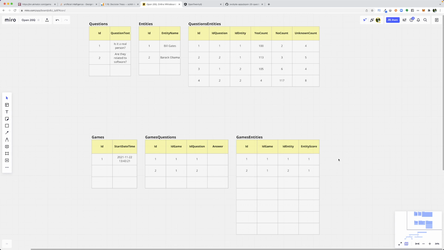Next, let's say we ask question 2, and the user answers no. No is the majority answer in relation to question 2 only for entity 2. So only entity 2 will get its score increased by 1.